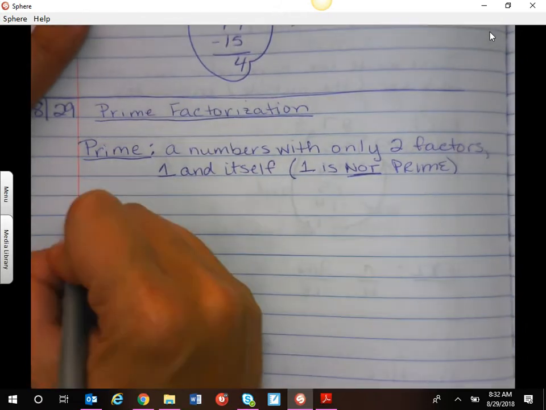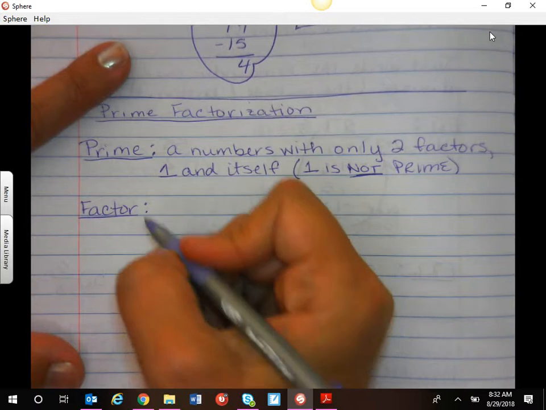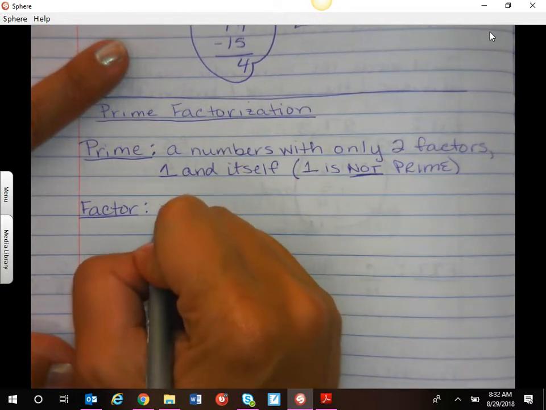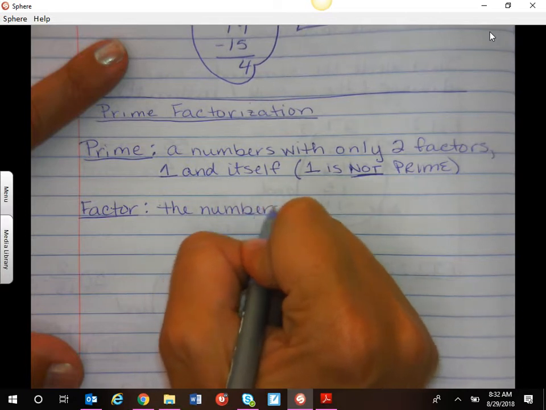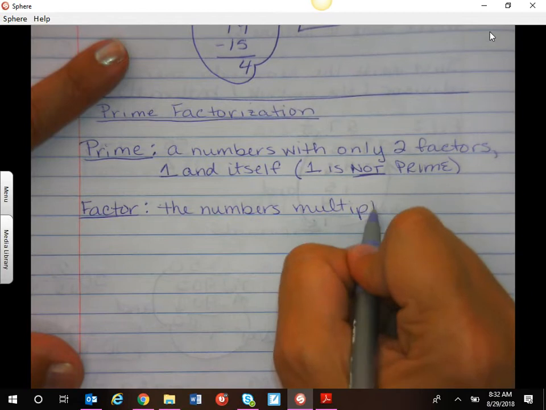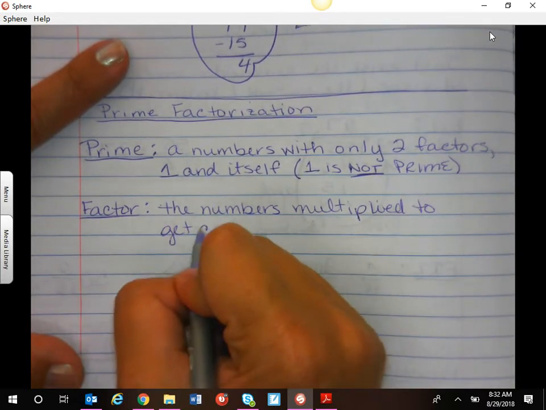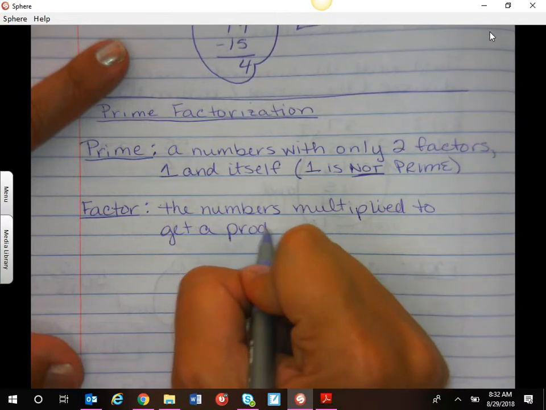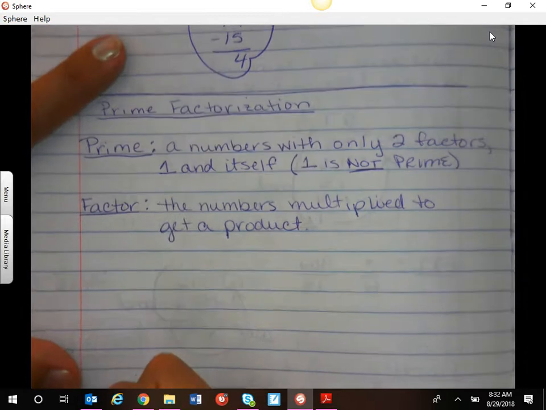Let's talk about what a factor is. Factors are the numbers multiplied to get a product. We have two different types of numbers.